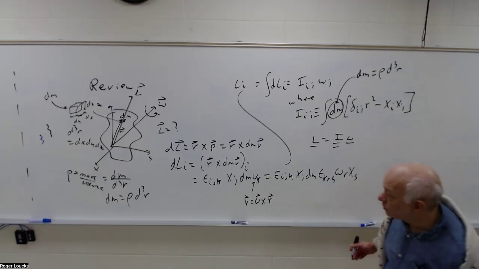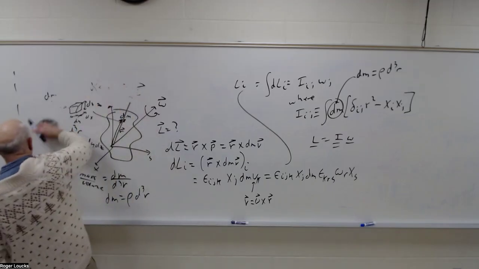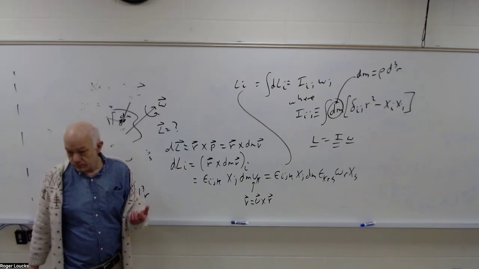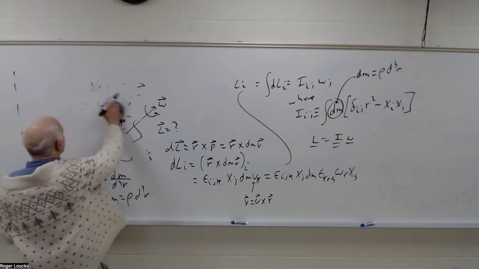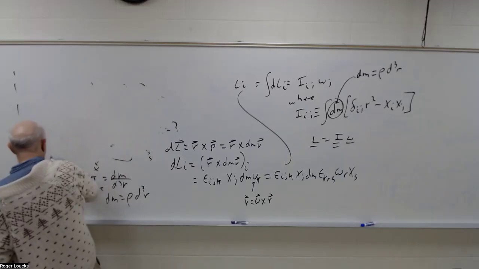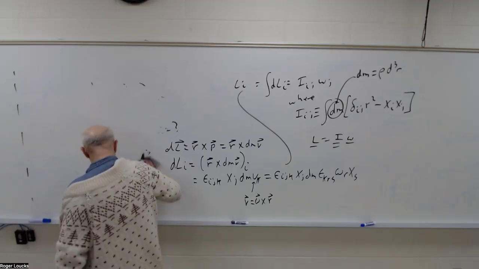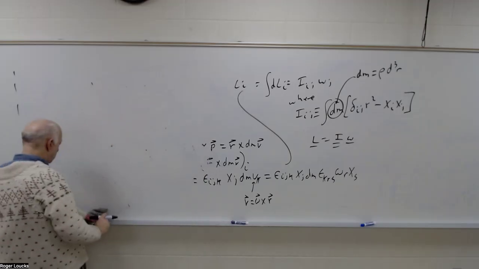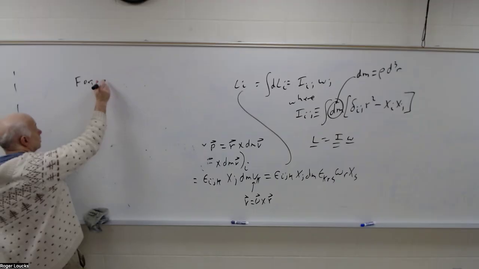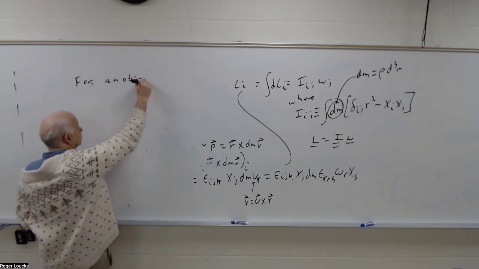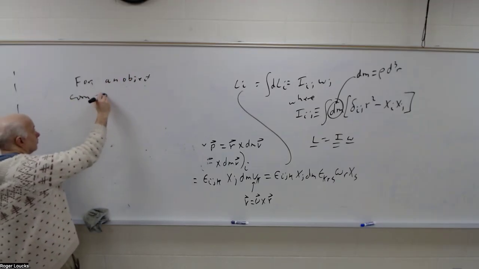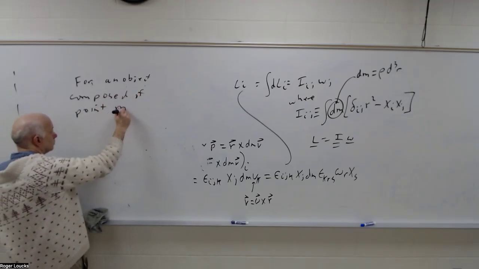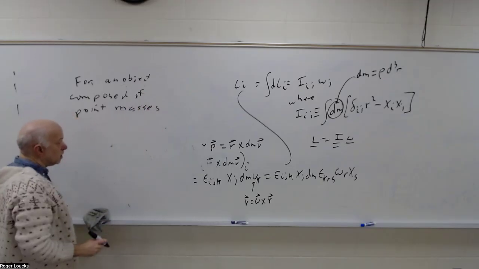Okay. So we're actually doing a simple case here when we just have point masses. And we said when we have point masses, we no longer have an integral, we have a sum. So for point masses, and the only reason we're doing point masses is because it's easy. So for an object composed of point masses, what do we have?